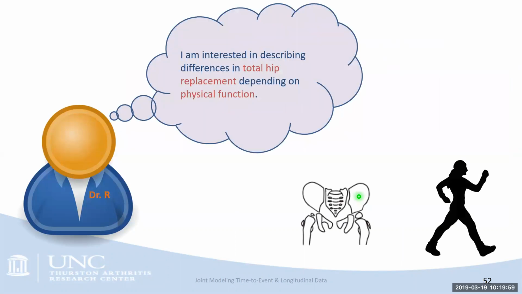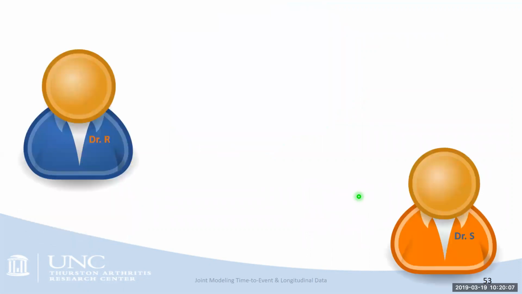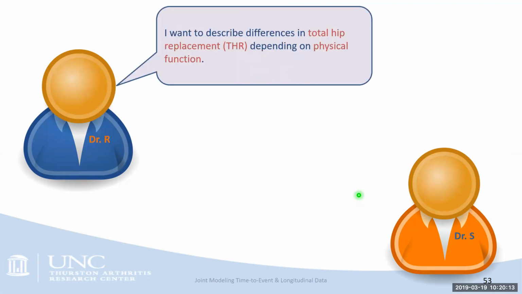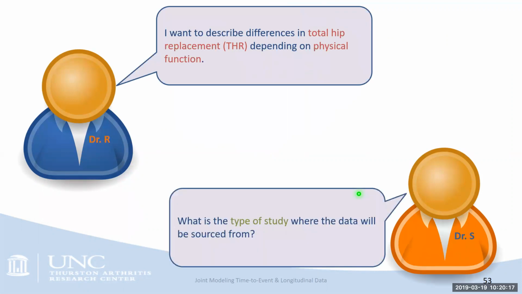Now he is interested in describing differences in total hip replacement depending on physical function. And as always, Dr. S wants to know more about the study. Here is his first question.